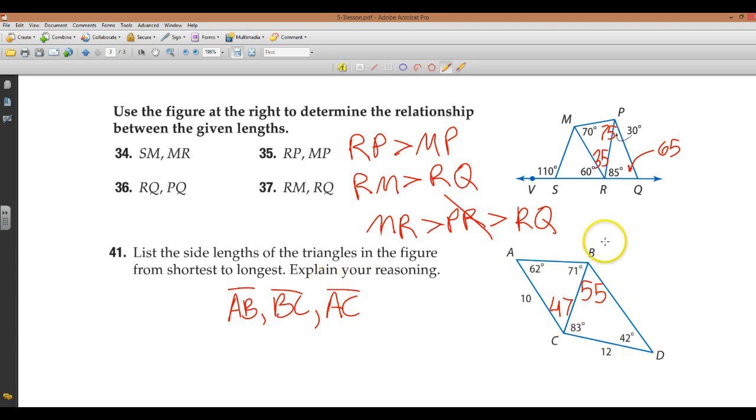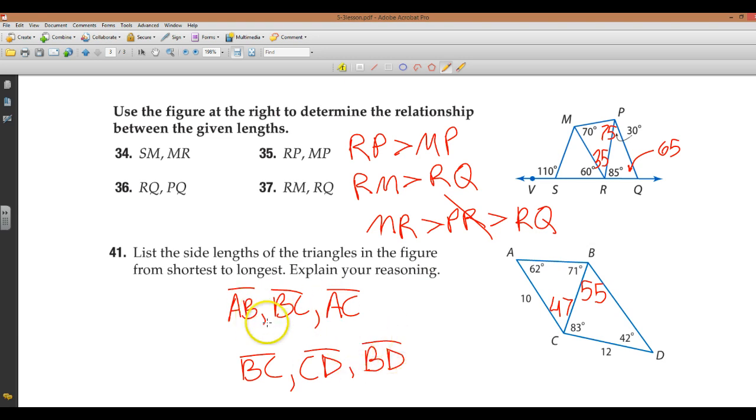And then order your sides in the other triangle. So opposite from 42 is BC, and then opposite from 55 is CD, and opposite from 83 is BD.